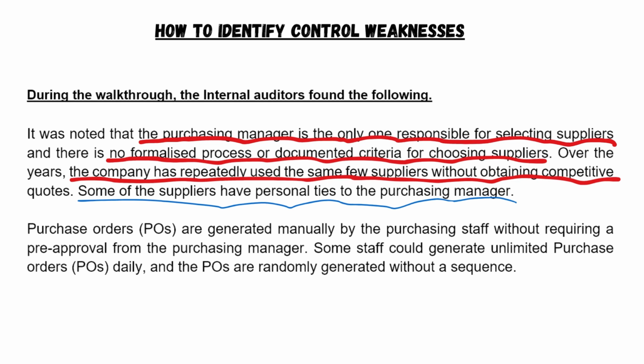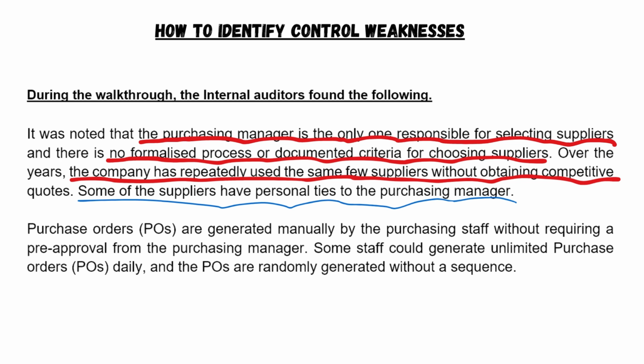The second paragraph is saying purchase orders are generated manually by the purchasing staff without requiring a pre-approval from the purchasing manager. Some staff could generate unlimited purchase orders daily, and the POs are randomly generated without a sequence. So same way as the first paragraph, you can notice there are issues here.